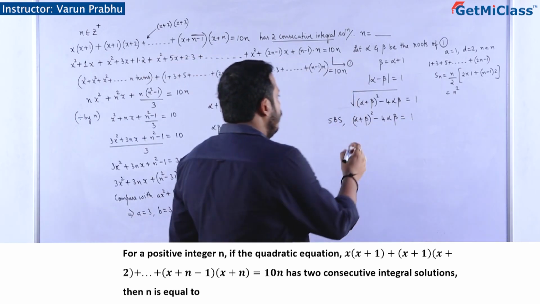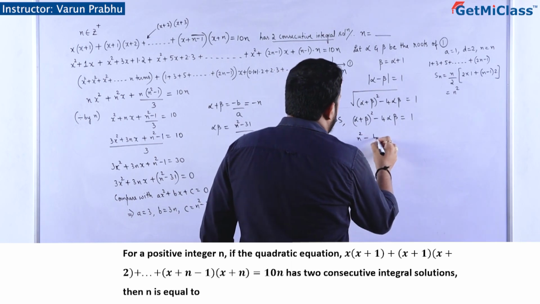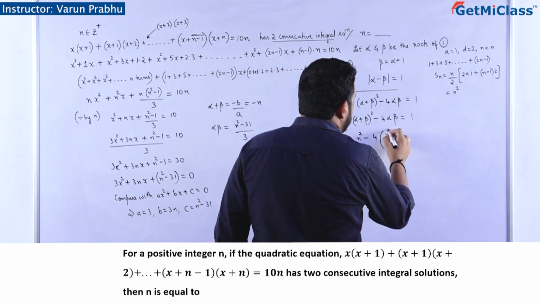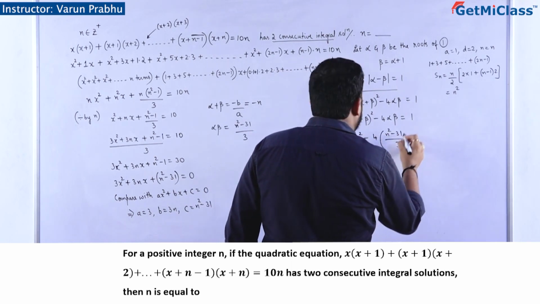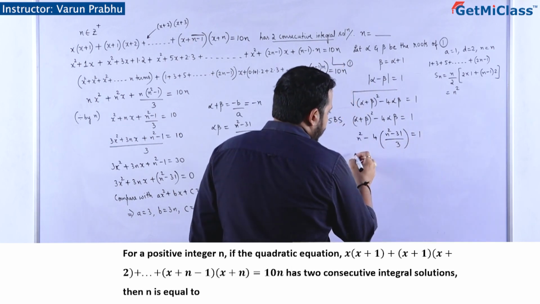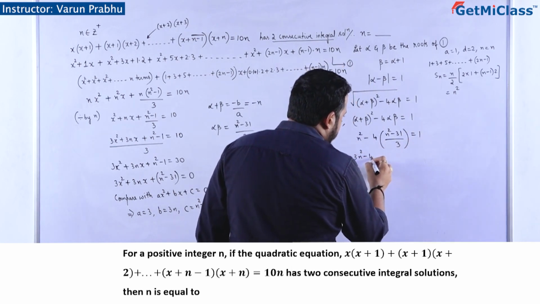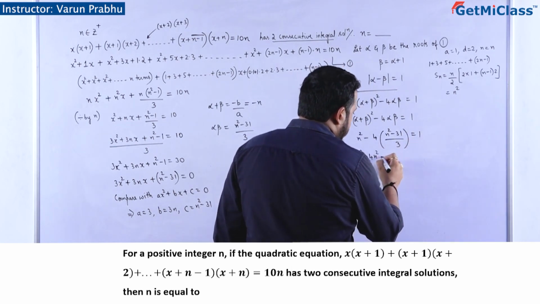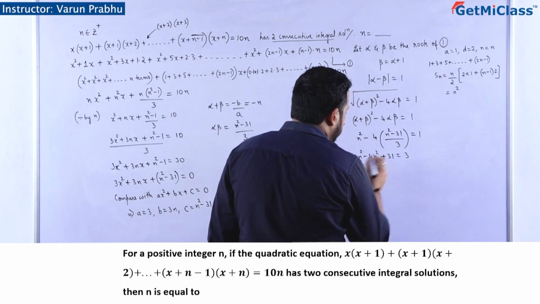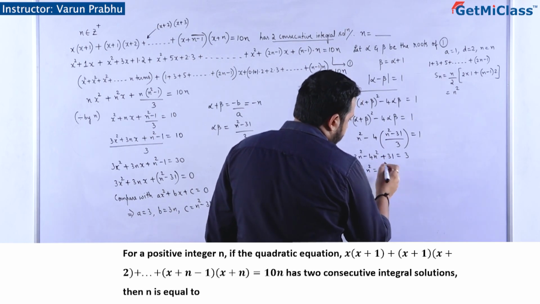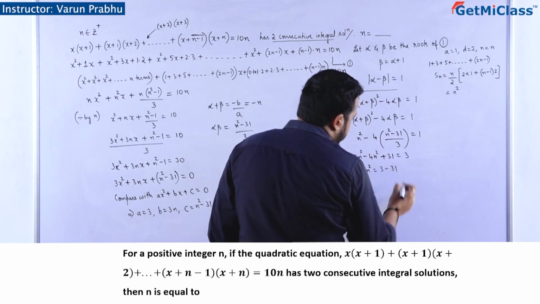Alpha plus beta the whole square is nothing but n square minus 4 times n square minus 31 divided by 3, that is equal to 1. So 3n square minus 4n square plus 31 is equal to 3, minus n square is equal to 3 minus 31.